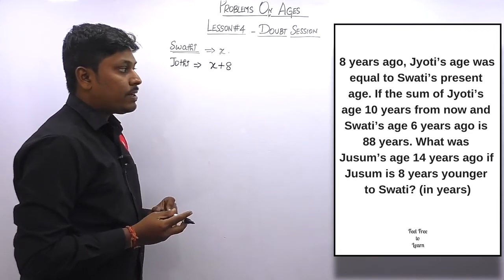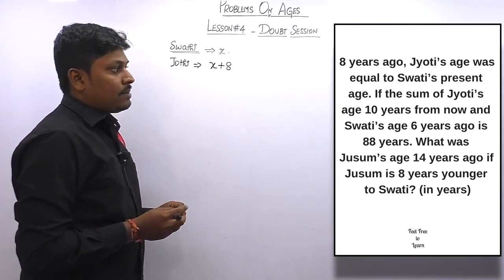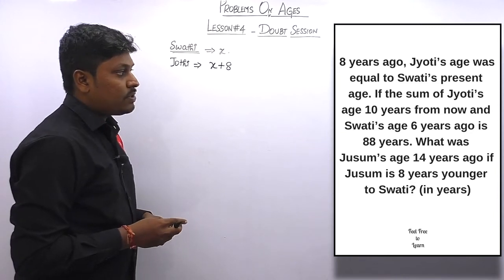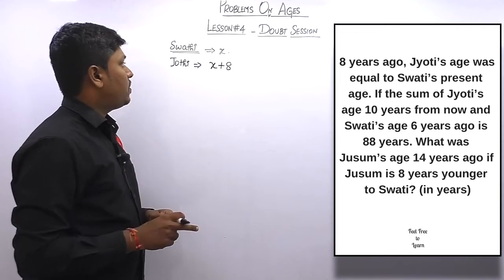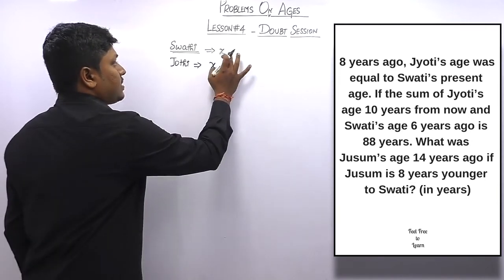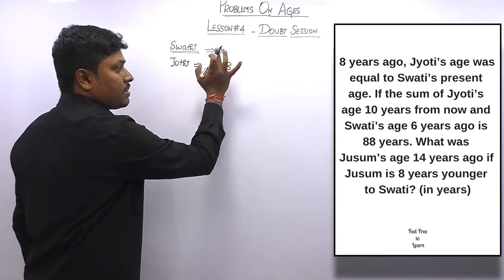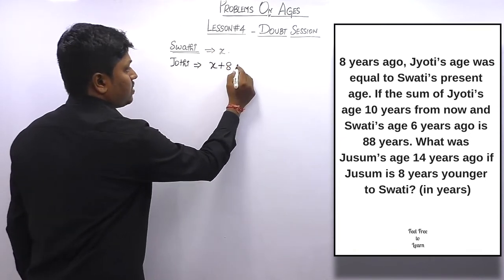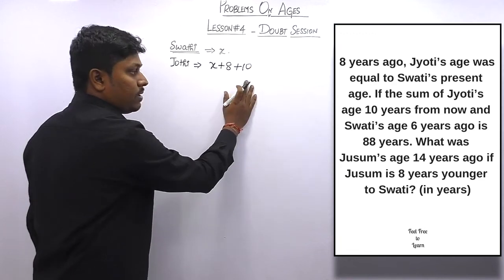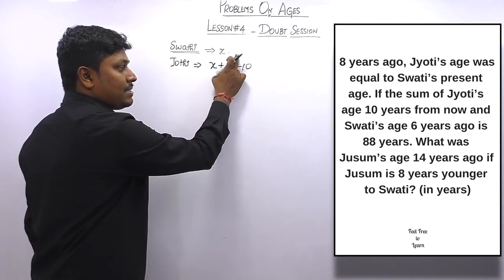Okay, second point, if the sum, which is addition, right? If the sum of Jyoti's age 10 years from now, so they are saying the sum of both the persons' ages, that is the sum of Jyoti's age 10 years from now. So let me add 10 here, and Swati's age 6 years ago.